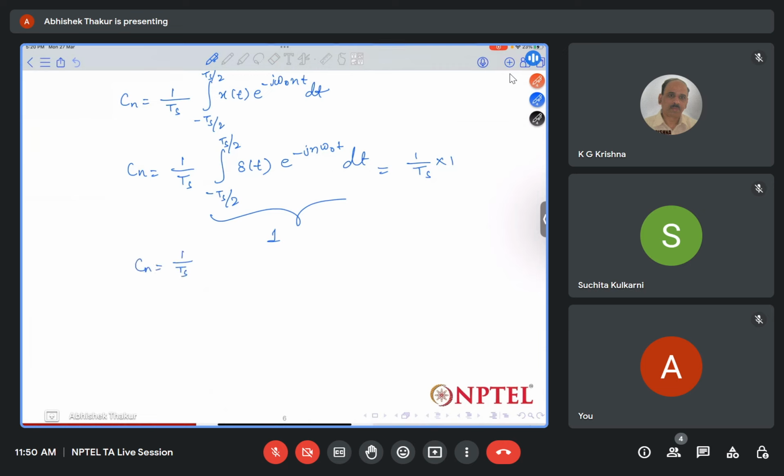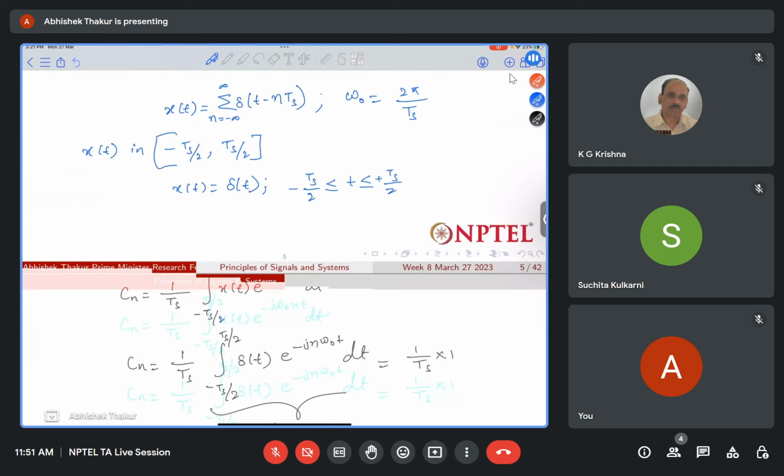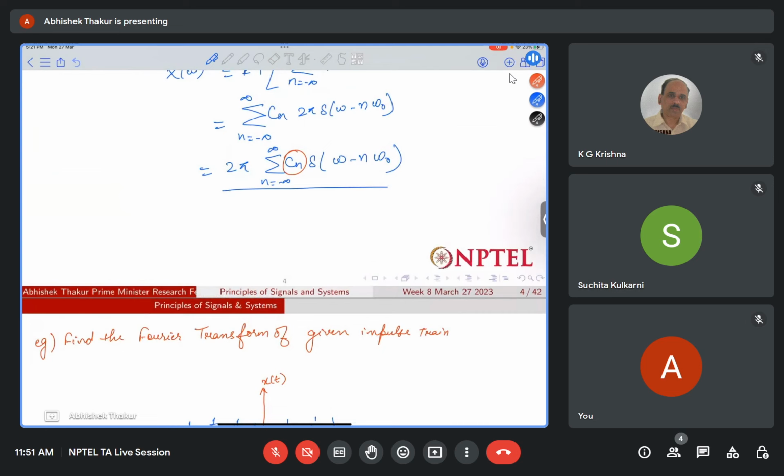Now in the previous section, from the definition of the Fourier transform of a periodic signal, we have seen that X(omega) for a periodic signal is 2 pi times the summation of n is equal to minus infinity to infinity of Cn del(omega minus n omega naught).